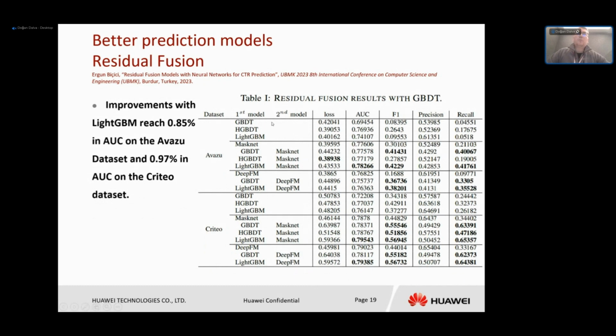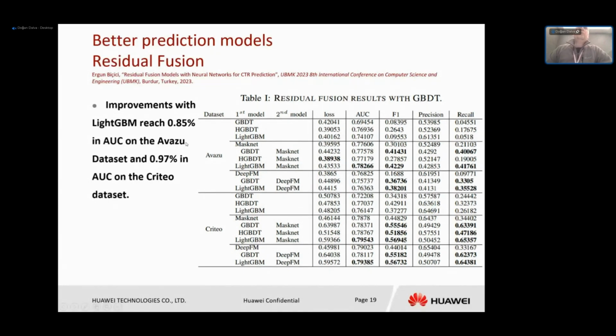Using GBDT as the first model, with different GBDT models like GBM or hierarchical GBDT, and the second model as MaskNet or DeepFM, neural network models, on Avazu or Criteo datasets, we achieve improvements that reach 0.85% in AUC on the Avazu dataset and 0.97% on the Criteo dataset.